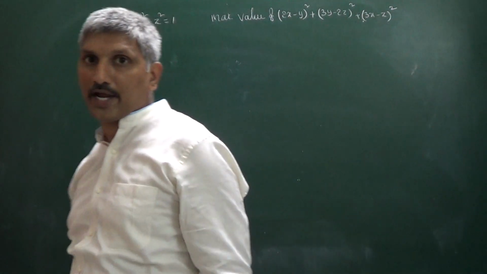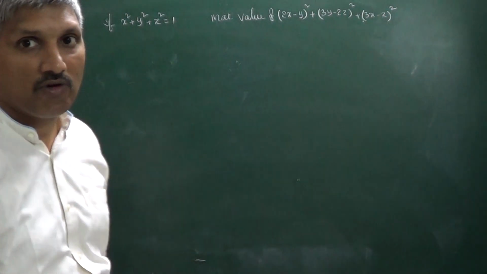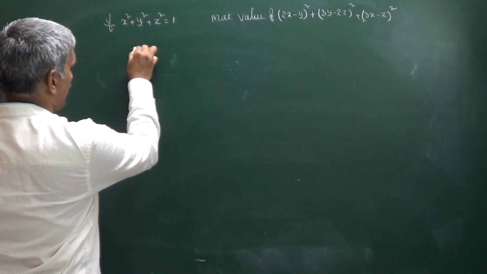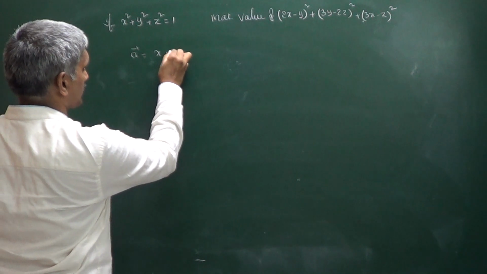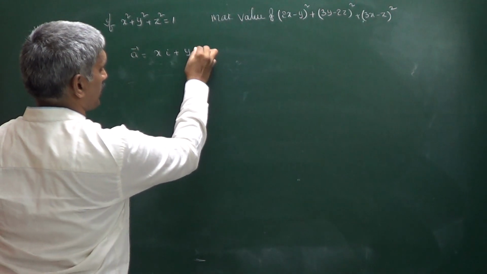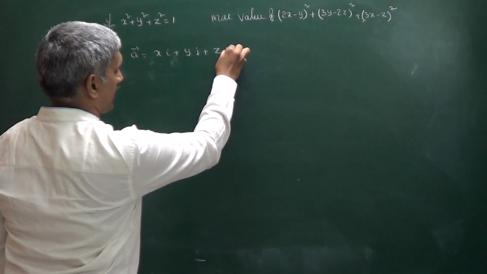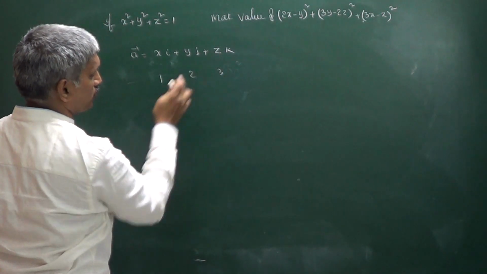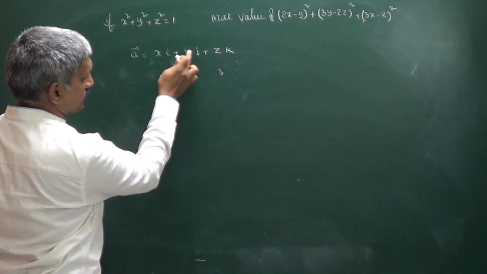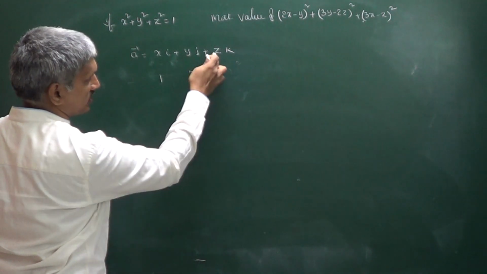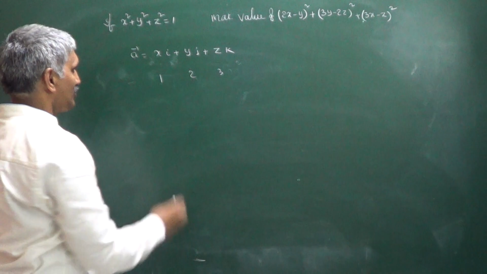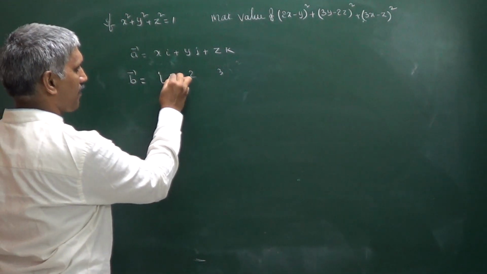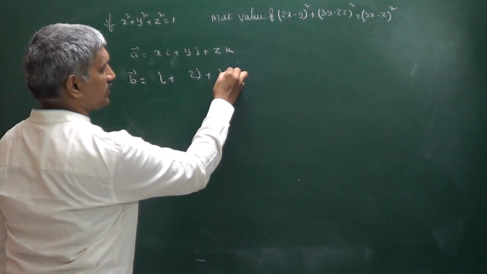If you know the idea, next time you will definitely get an idea how to proceed. Observe here what I am doing. I am taking A bar is equal to xi plus yj plus zk. Observe here 1, 2, 3: 3y minus 2z, 2x minus y, 3x minus z, all the terms are there. So I am taking the other vector B bar is equal to i plus 2j plus 3k.